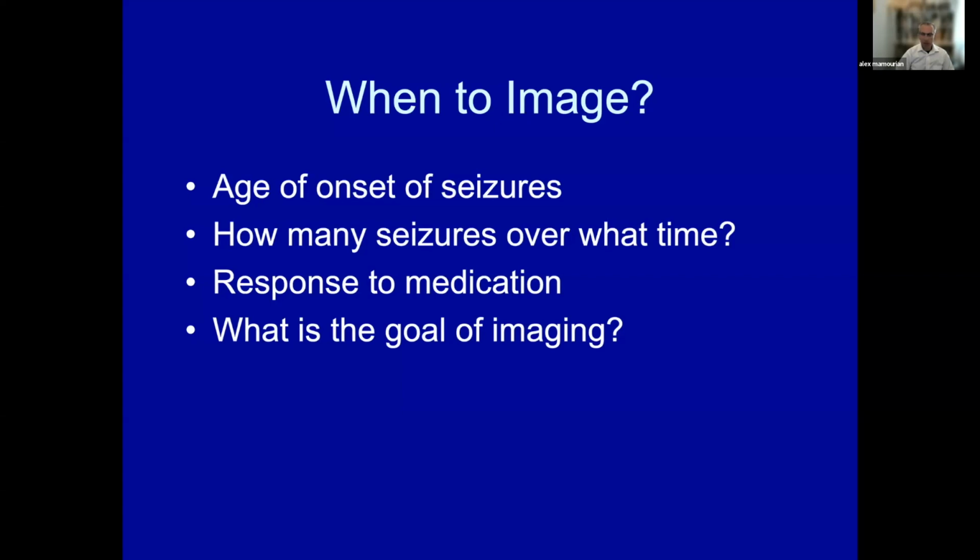And I'll get into this a little later, but obviously the childhood onset of seizures, young adult onset of seizures, and adult onset of seizures have different expectations in terms of what pathology we look for and how we image the patient.